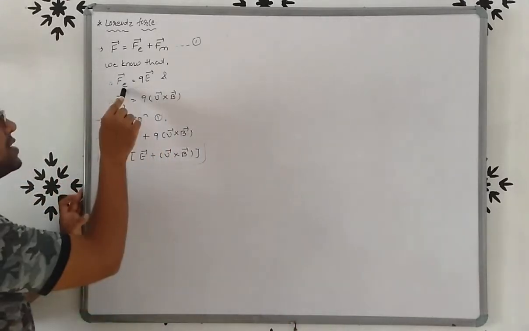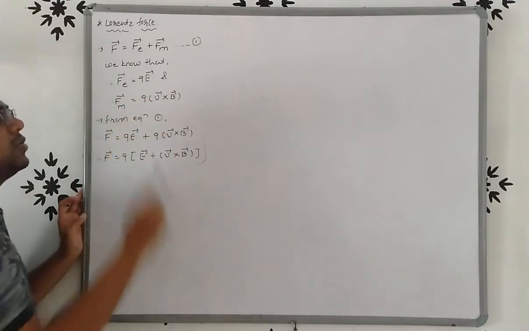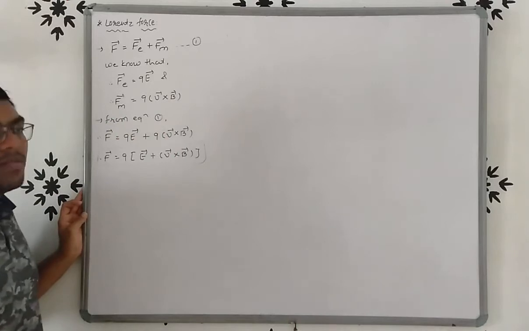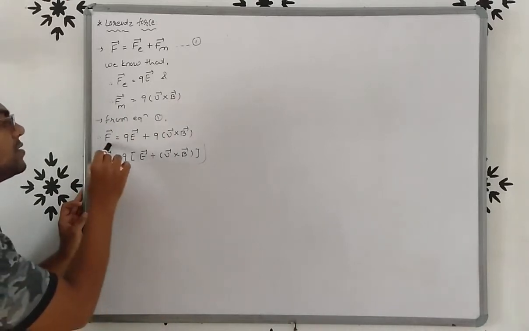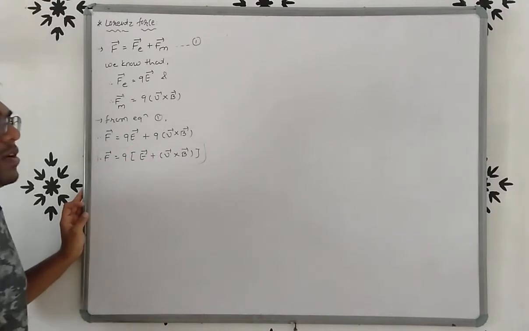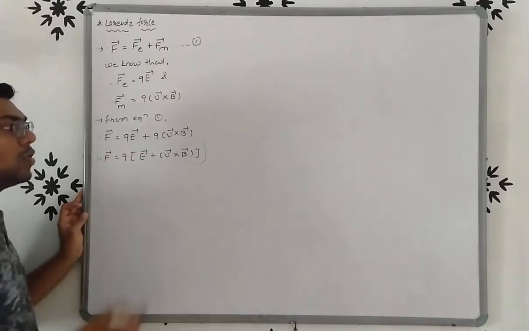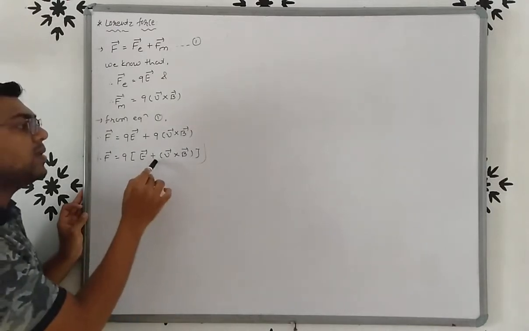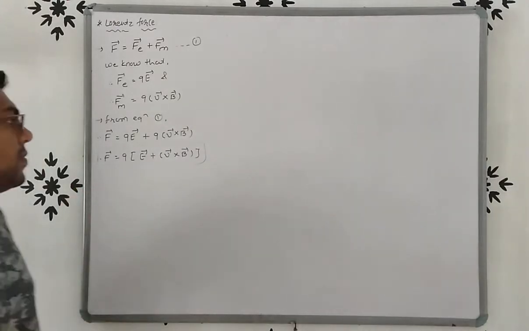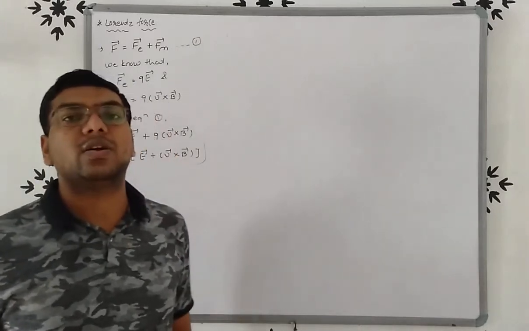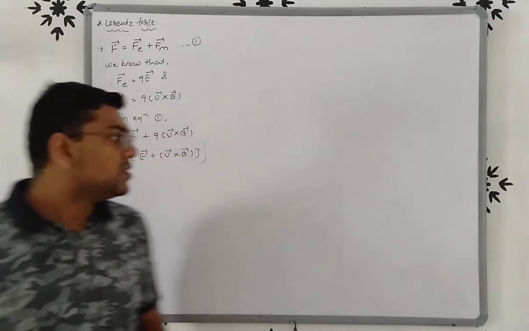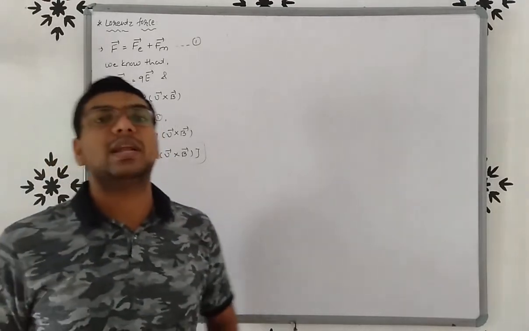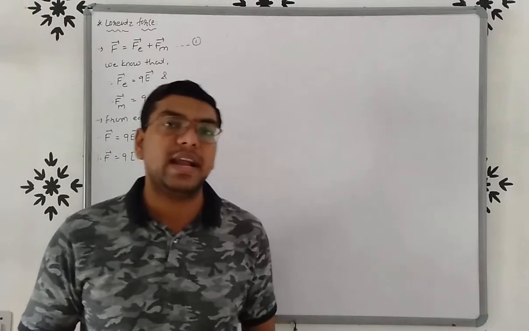We know that Fe equals QE and Fm equals Q into V cross B. So we put the values of Fe and Fm into equation number 1. So F equals QE plus Q into V cross B. Here Q is common, so vector F equals Q into the bracket of vector E plus vector V cross vector B. So this is the formula of Lorentz force. You have to remember this formula, right?